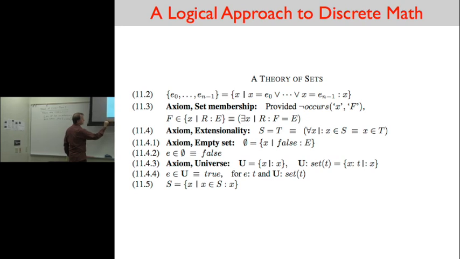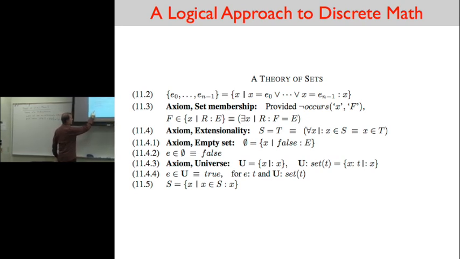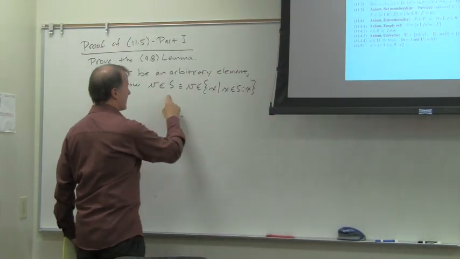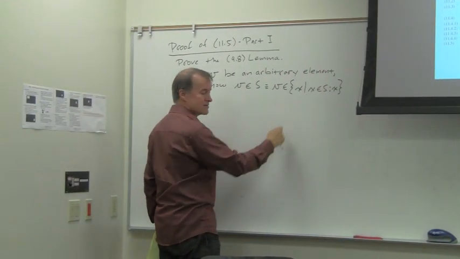So we say, let V be an arbitrary element, and let's prove that V is an element of S equivalence, not equals, because S equals this is equality between two sets, but V is an element of S is a Boolean. So V is an element of S, equivalence, V is an element of this.